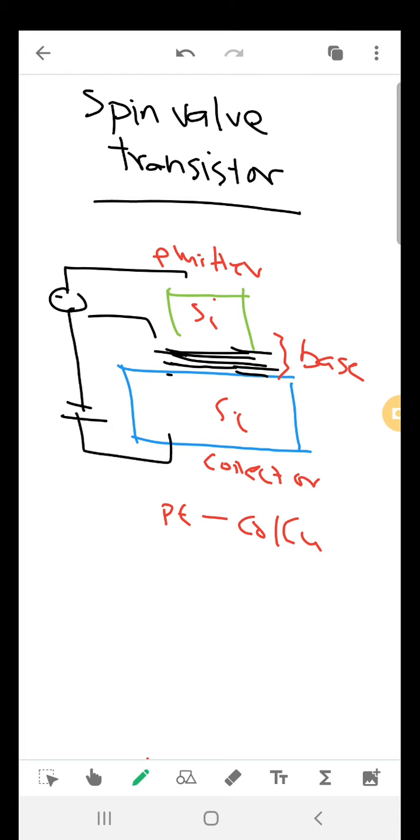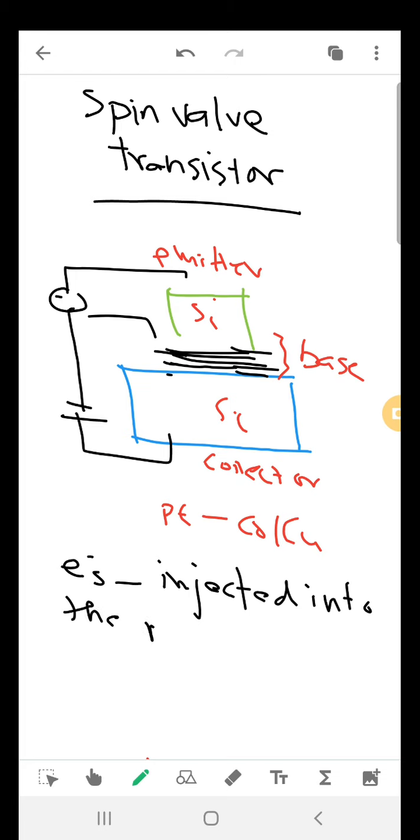This is the circuit. Now what happens is the electrons are injected into the metallic base, and they move across the Schottky barrier. Schottky barrier means there is a semiconductor metal barrier.